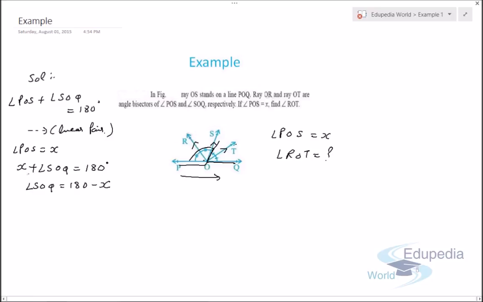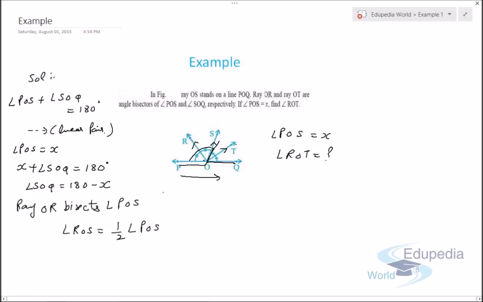Now we know that ray OR bisects angle POS. So this means we can write angle ROS will be half of angle POS.